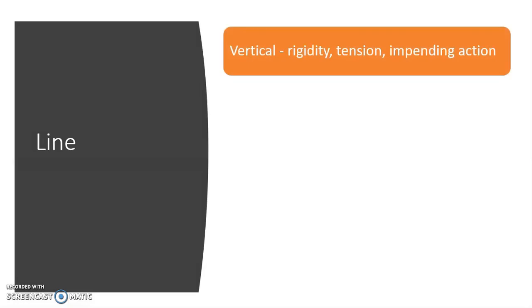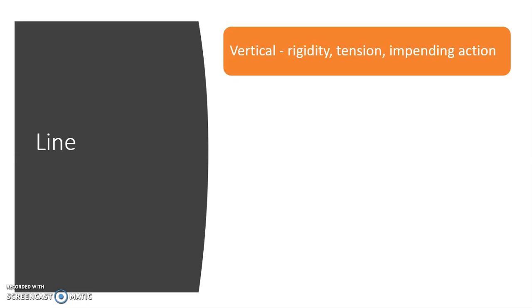Line. Vertical lines. Now, these may be literal lines, but more likely it is the way the set is constructed and the way the set decor is laid out. So vertical lines tend to imply rigidity, tension, impending action. These vertical lines may be, say, they decide to panel a room. So there's all the vertical lines that are created by the panel lines.